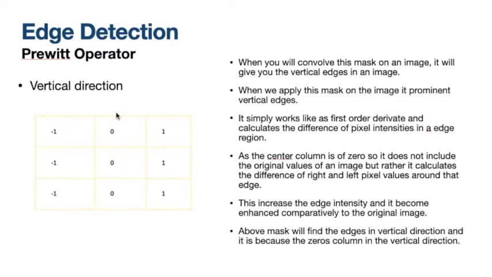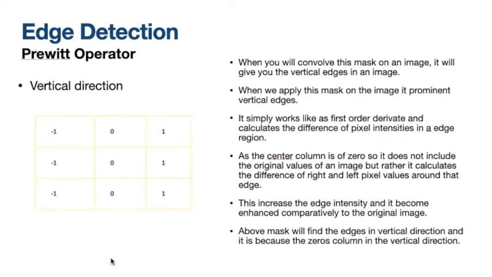Since these values are given as 0, what happens is it does not include the original values of the image, but it calculates the difference between the right and left pixel values around this edge.